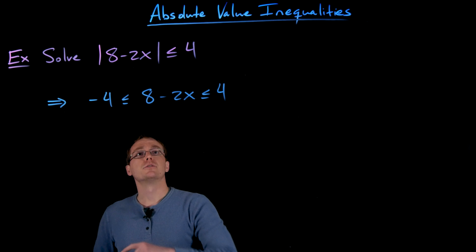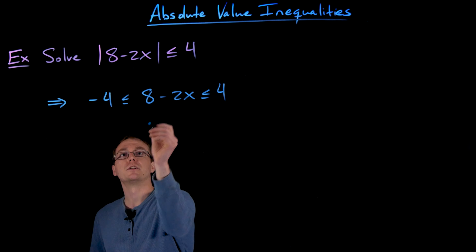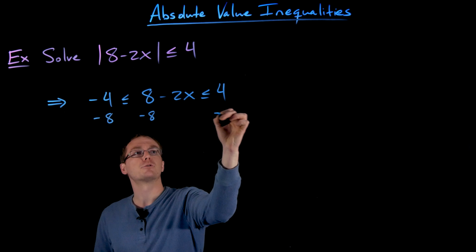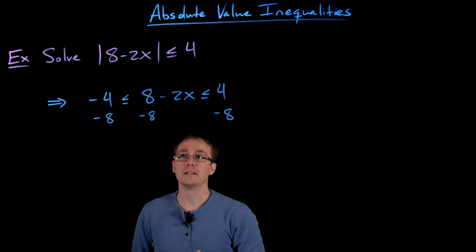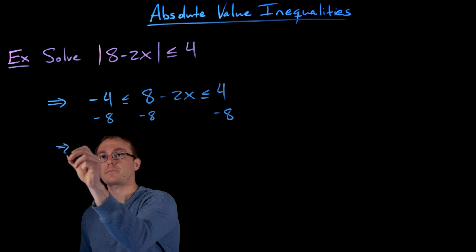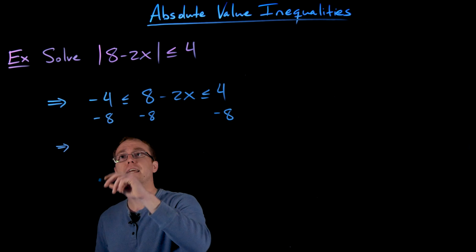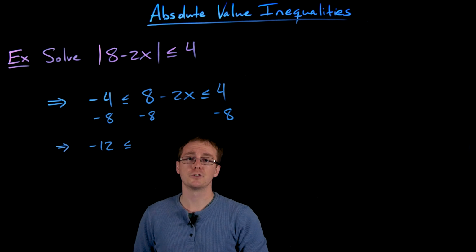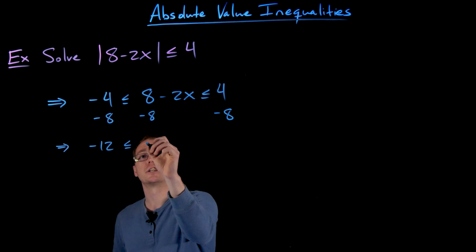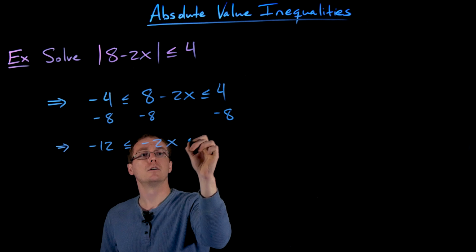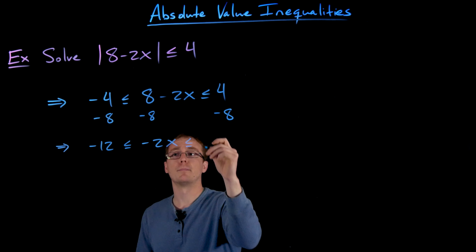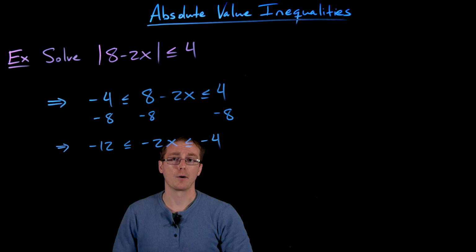All right, so if we're going to solve this for x, the first thing we're going to want to do is get that 8 out of the way, get that 8 out of the middle, by subtracting 8 from all three sides of our inequality. Well, on the left-hand side, we have -4 minus 8 is -12. That'll be less than or equal to our new middle, which is just going to be -2x, which is going to be less than or equal to our new right-hand side. 4 minus 8 is -4.